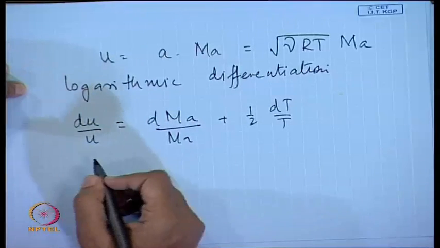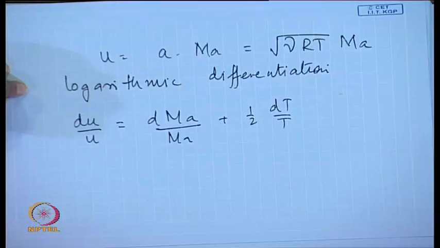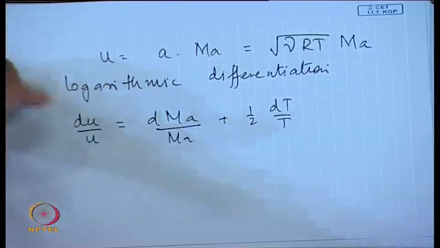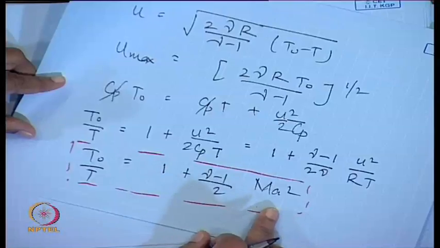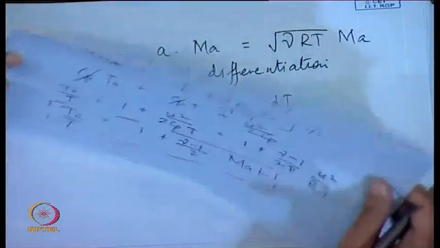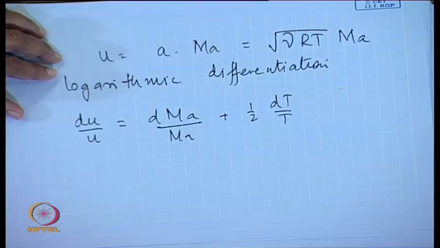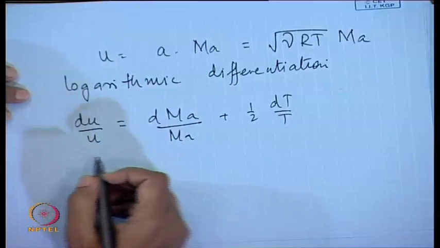And from the previous expression where we had obtained T0 by T, from this particular expression also we can perform the logarithmic differentiation. So that we get two expressions of dT by T and we can equate them.